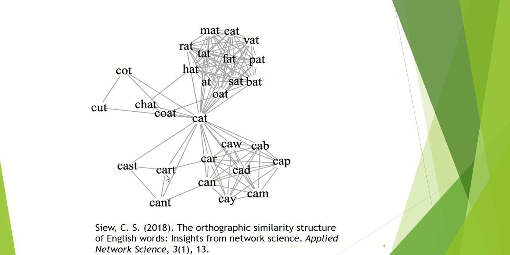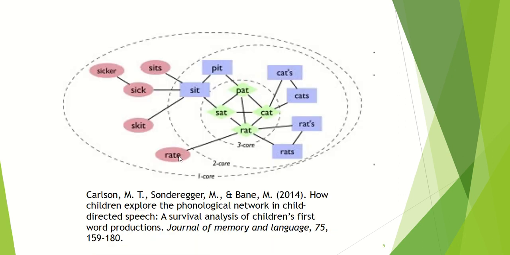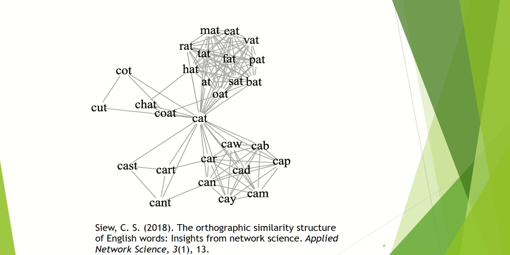Some other words such as cart or cast, as you can see again, have an extra grapheme. So here you can see a completely different network of activation. The words might not be very close in meaning. They might be completely different in semantics, but they are very close in their orthography. So this is another model which has been proposed.